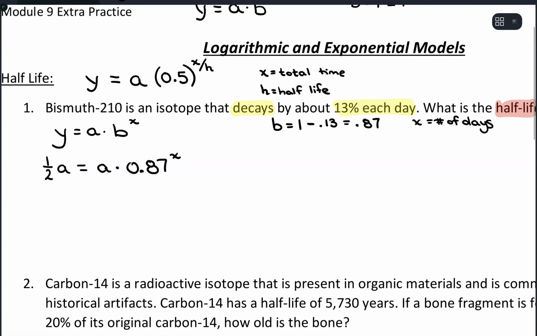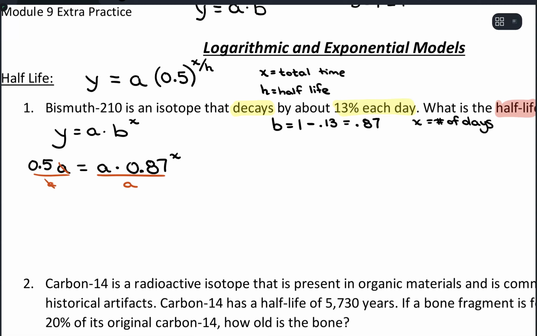That sets up my formula to be calculating x as the half-life. So how long does it take to have our initial amount go to half of that amount if we have this decay rate of 13%? All right, and I'm just going to switch 1/2 to 0.5. It doesn't really matter which one you use. So what I can do is divide both sides by a.